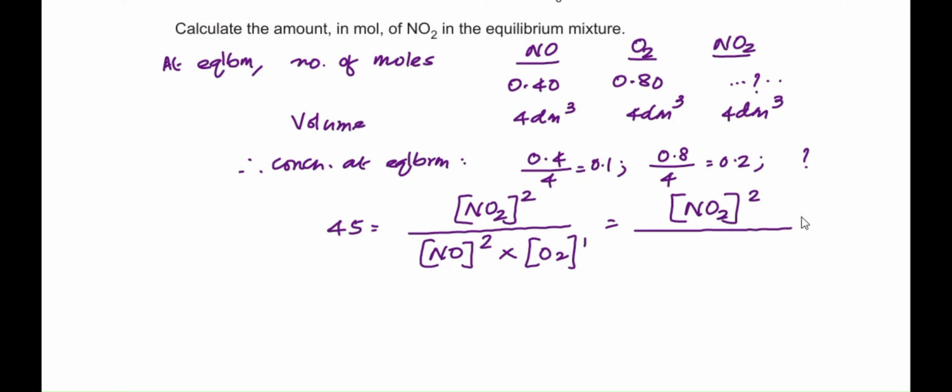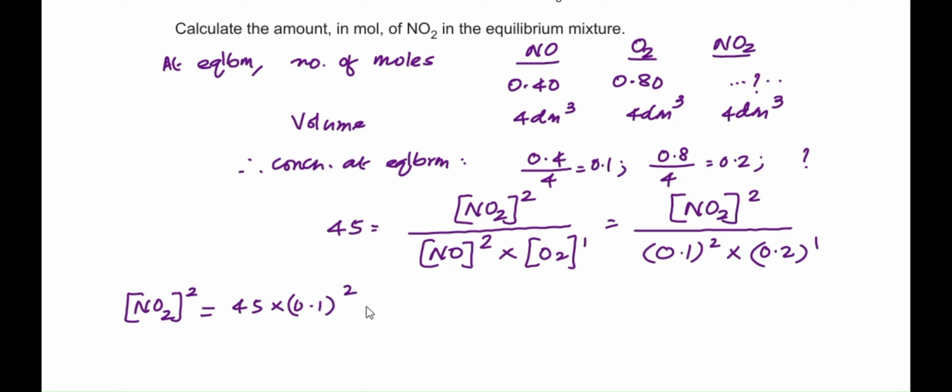In the denominator, the concentration of NO is given to us, we calculated it, so NO is 0.1 squared times the concentration of oxygen, 0.2 to the power of 1.